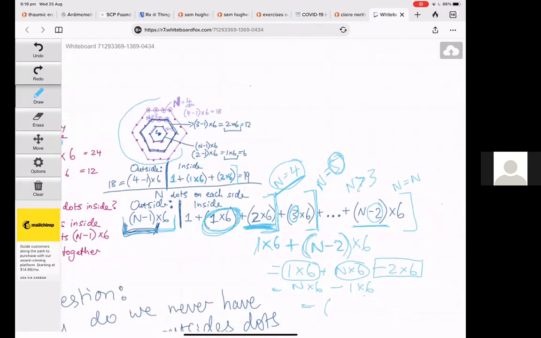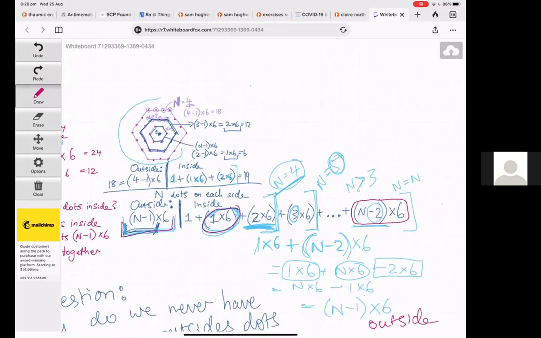That becomes just n minus 1 times 6, and that's equal to the outside. So if I take my 1 times 6 and my very last term, I get the outside term.